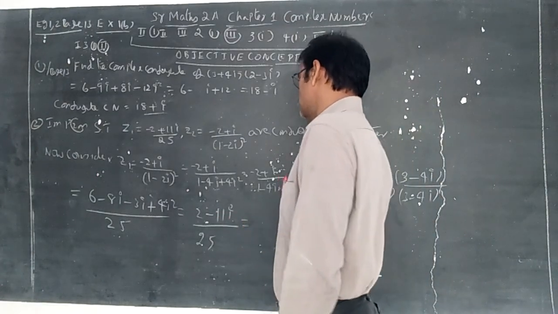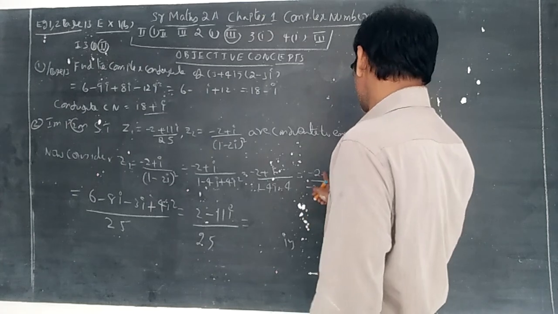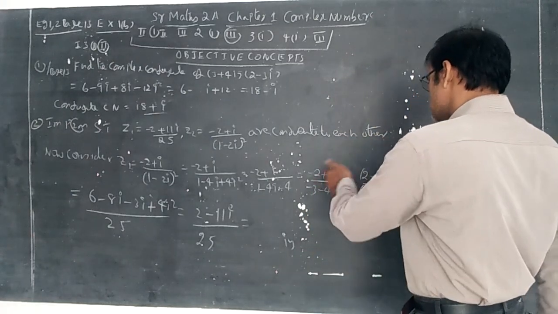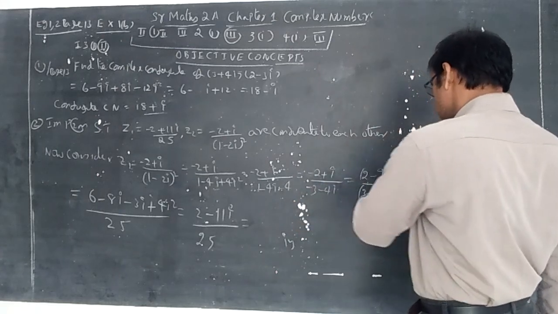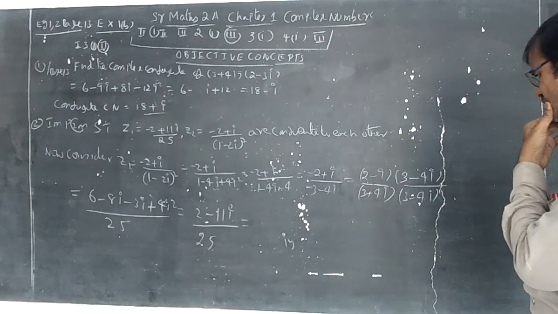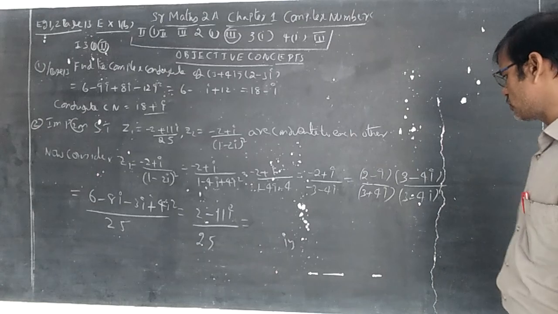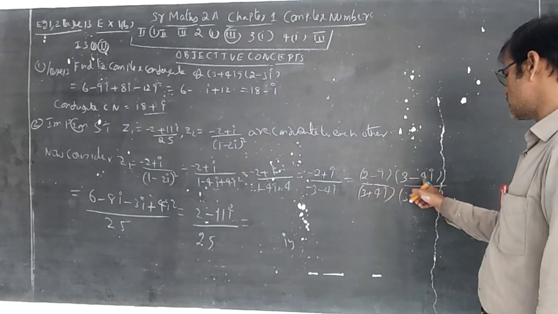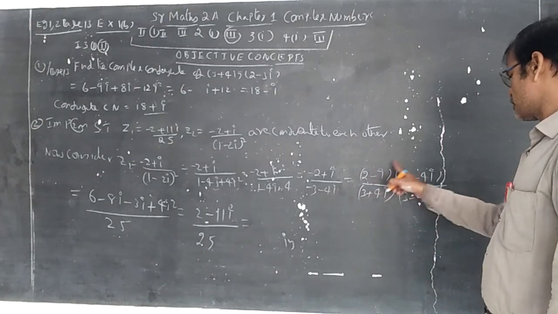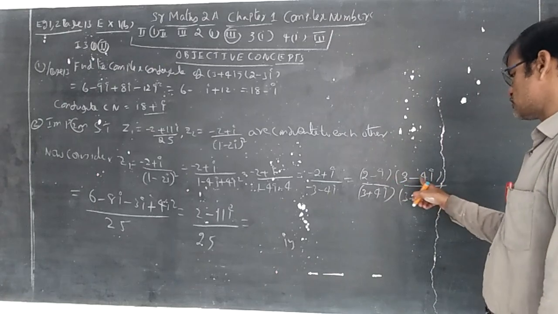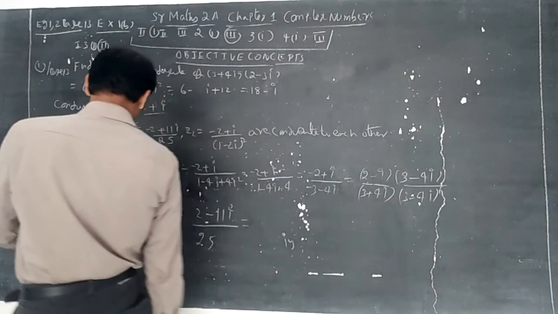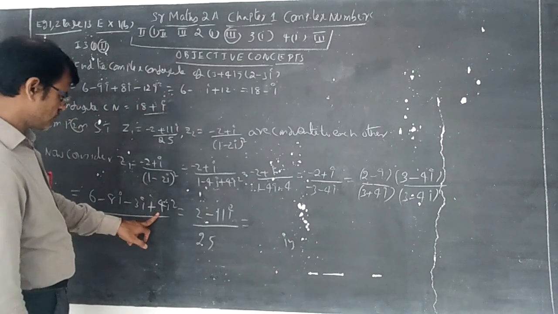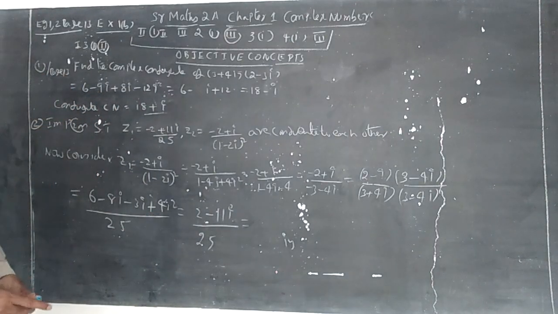Once you verify, taking minus common, it becomes 2 minus 11i, everything correct. 3 minus 4i by 3 minus 4i: 2 times 3 is 6, minus 8i, minus 3i, plus 4i square. 4i square is minus 4. So it is exactly 2 minus 11i we got.